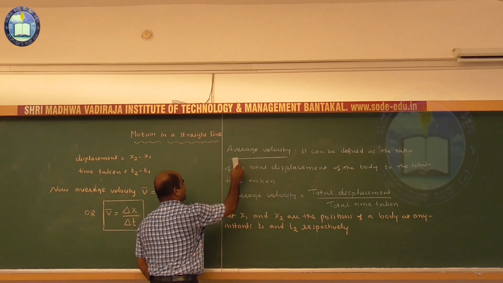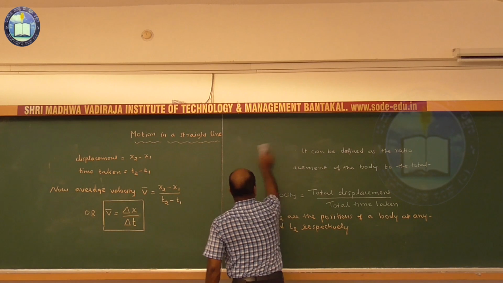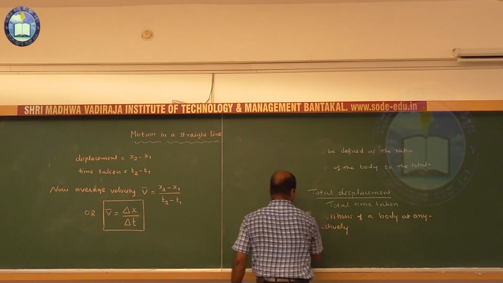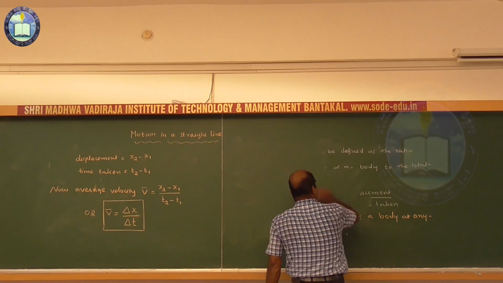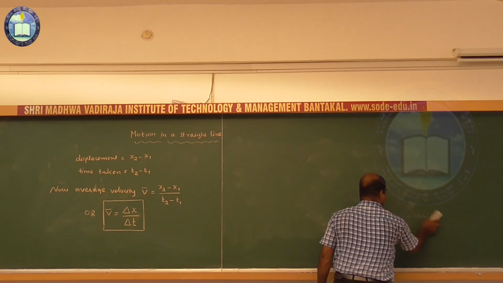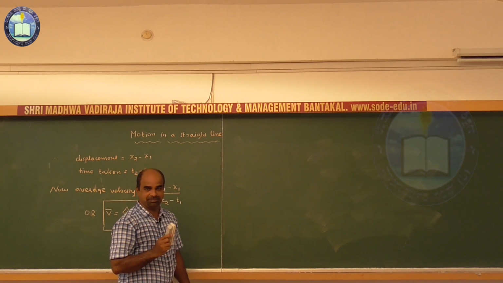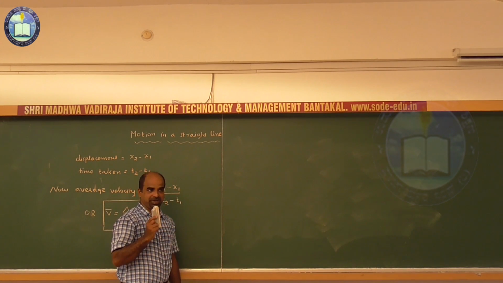My next topic is instantaneous velocity. We already studied instantaneous speed. What is instantaneous speed? Speed of a moving body at a particular instant of time is known as instantaneous speed.